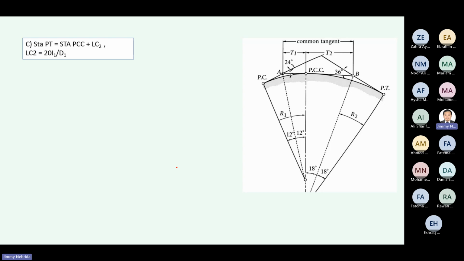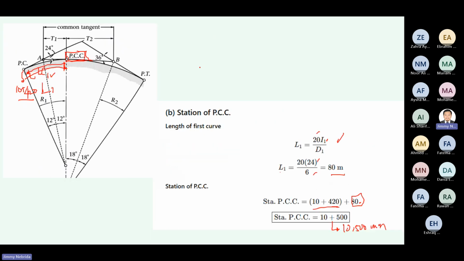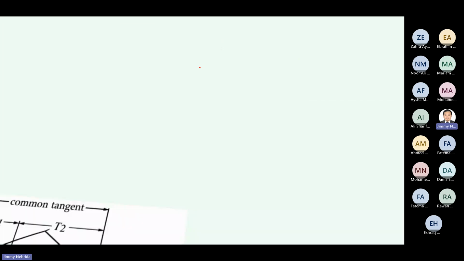Let us see. What is the station PT? If we have PCC, which is already given, PCC is 10 plus 500. How about length of curve 2 or LC2? 20, what is I2? I2 is 36. What is D2? D2 is 4.